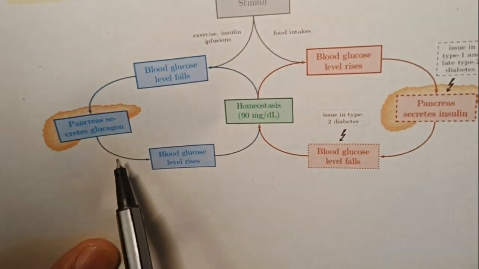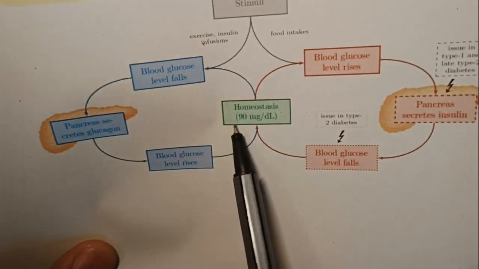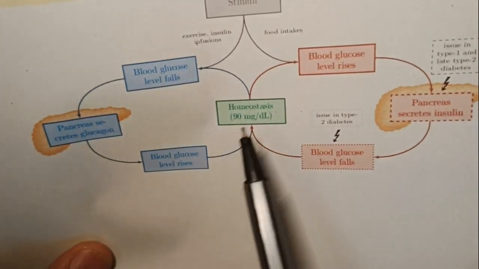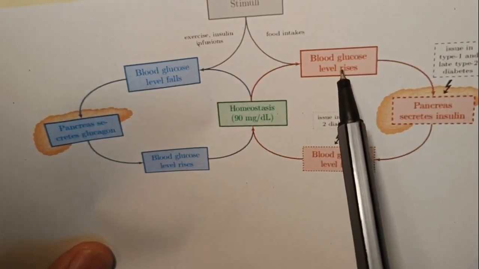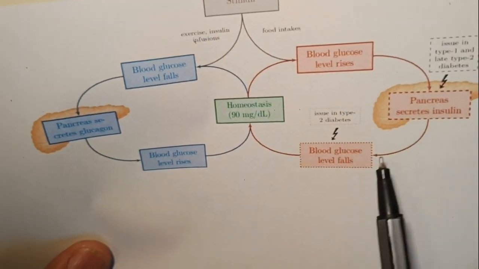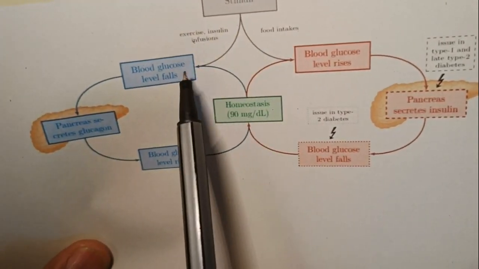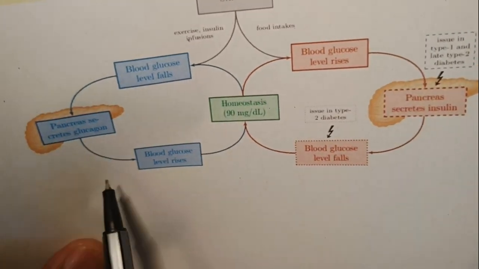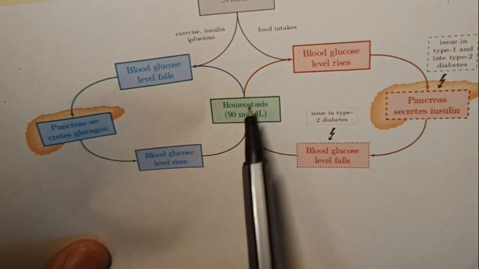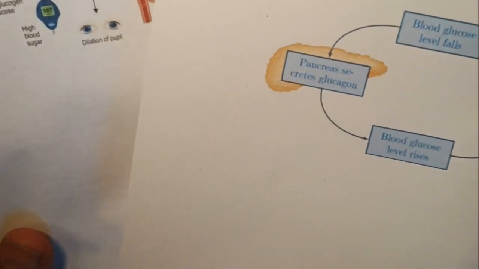Okay, glucagon will increase the blood sugar and bring it back to normal level. So that's how the feedback mechanisms help. So food intake, blood sugar increases, there will be secretion of insulin, it will drop the sugar. No food intake, fasting, blood sugar will fall, the pancreas will cause glucagon release, that will increase the blood sugar to normal level. And that's how the feedback mechanisms work.